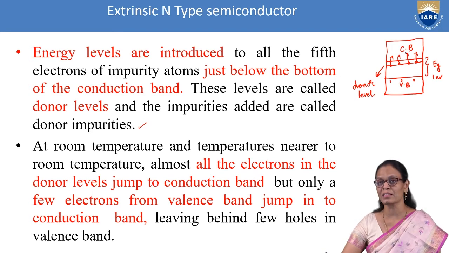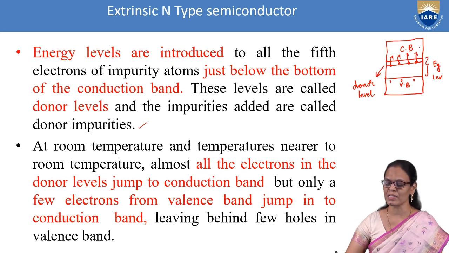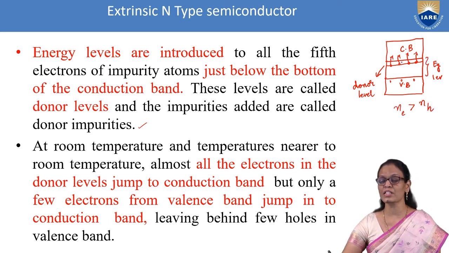Then in that case, if you compare the number of electrons in the conduction band and the number of holes in the valence band, the number of electrons is very high. That is why we say here Ne is always greater than Nh. Because initially the electrons from the donor level are shifting to the conduction band, and then the electrons from the valence band are shifting.